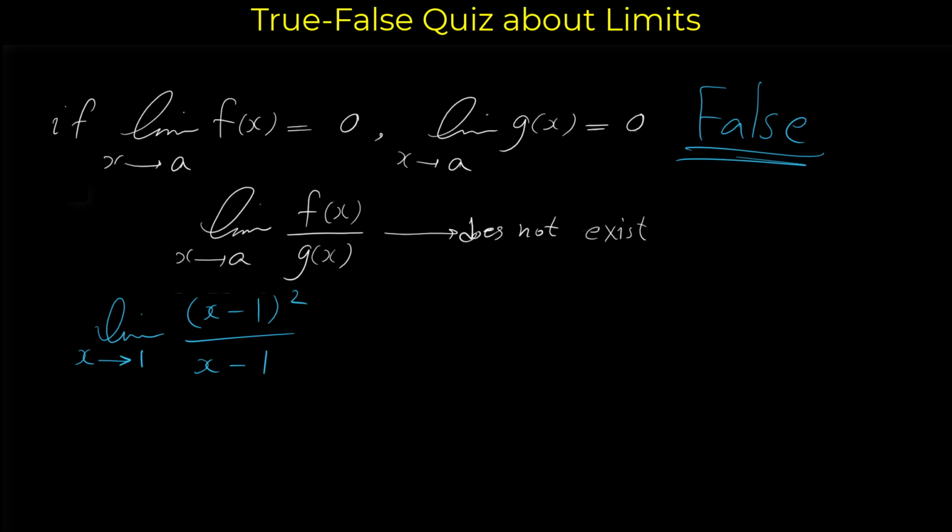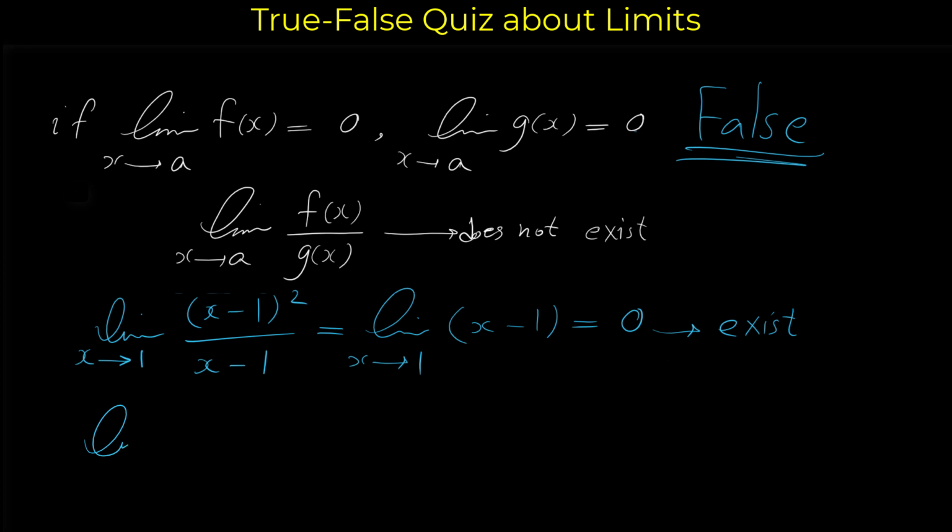And if we do so, this limit equals the limit of x minus 1 as x approaches 1. Now if we plug in 1 for x, this limit equals 0. So this example shows that it is possible that the limit of f over g exists. In this case, the limit is 0.